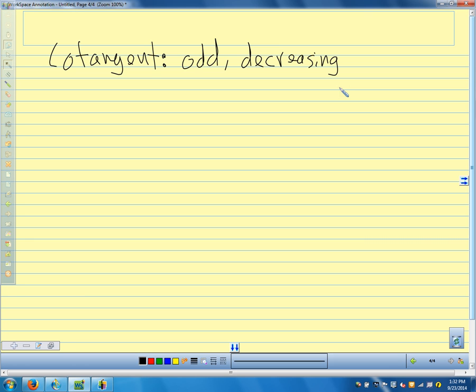Odd, decreasing. Our period is pi again. And because the cotangent of theta equals cosine theta over sine theta, we get a vertical asymptote when sine theta equals 0.